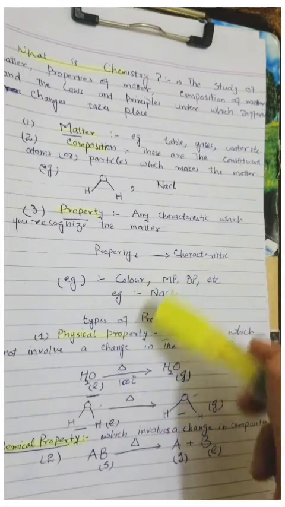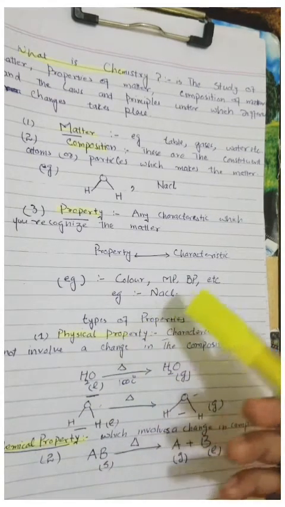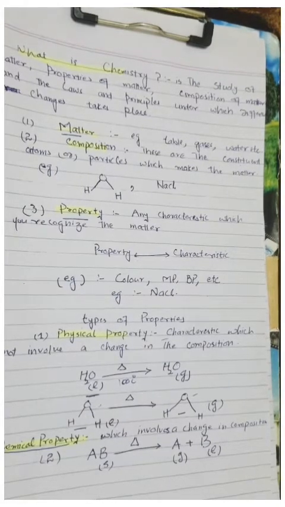Given these kinds of properties, I will directly say that this is sodium chloride, because I know about the properties of sodium chloride: the color, melting point and boiling point. So these are the information with the help of which I recognize that it is sodium chloride. So property is any characteristic that simply helps you to understand what particular type of matter it is.